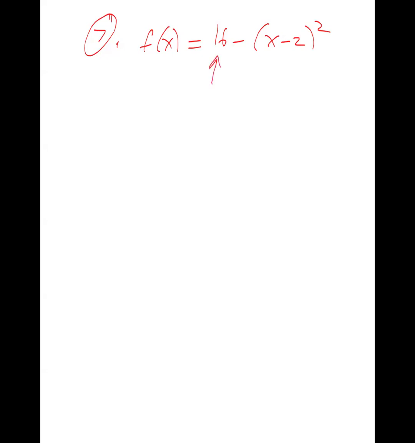There's 3 values. There's 16, there's -2, and what's the third value that you can't really see? -1, right? So which of those 3 values is actually A? The A is the coefficient, which means the number right beside the thing that's squared. So which of those is A?